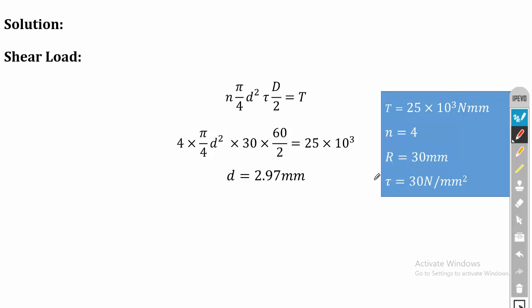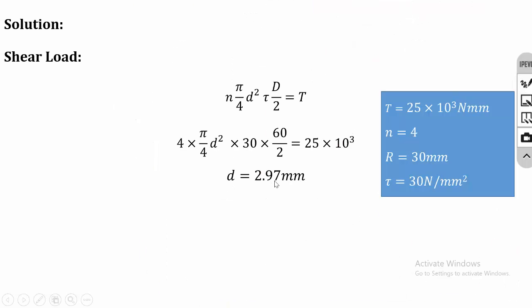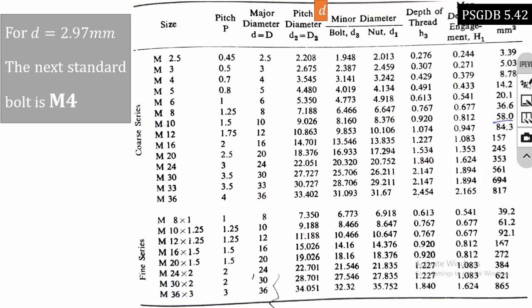Okay. So now the important point is we have to standardize the bolt diameter. So take page number 5.42. So the calculated diameter is 2.97, and it is the nominal diameter. So here you can see the pitch diameter. The pitch diameter is the same as the nominal diameter and it is equal to small d. So after 2.675 I have 3.545.